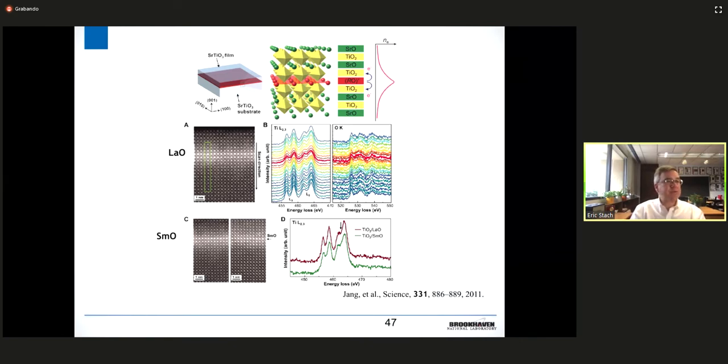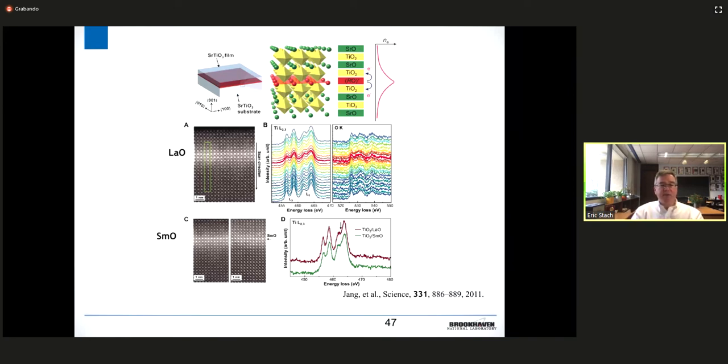And what you can see is that if you form the scanning TEM image, you see the bright region where the lanthanum oxide is or where the samarium oxide is, right? That's where the heavier element is, so it shows up bright in high-angle annular dark field. But also you can look at the L edges of titanium and the oxygen K edge, and you actually see slight differences in the reduction, oxidation state of the titanium and the oxygen local to that atomic layer.